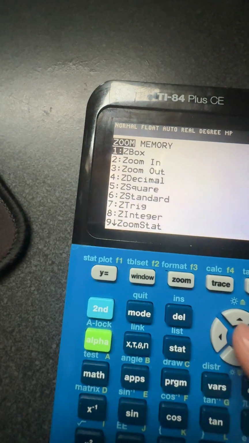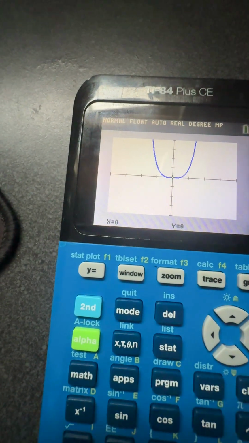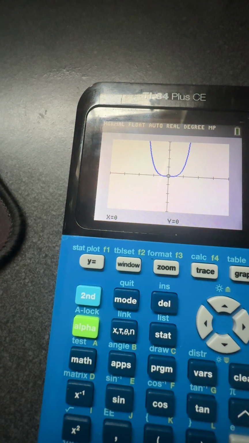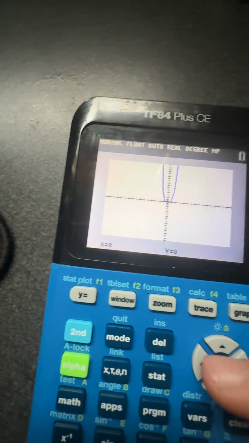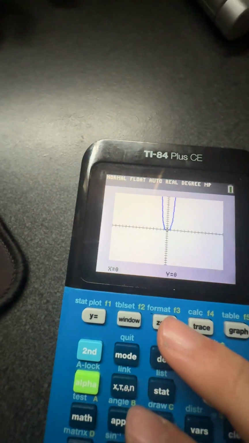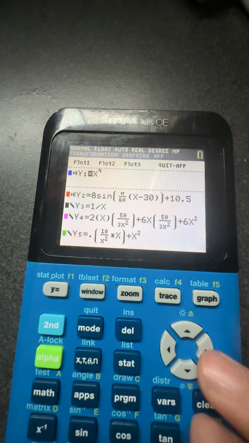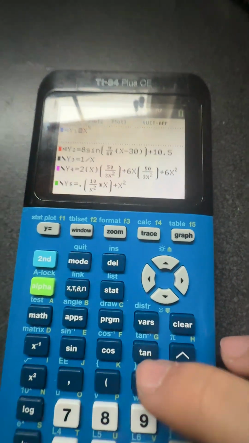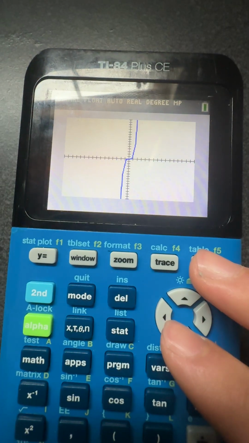I want to zoom out. Forgetting how all this works. I'm forgetting my graphing algebra stuff. Shoot.